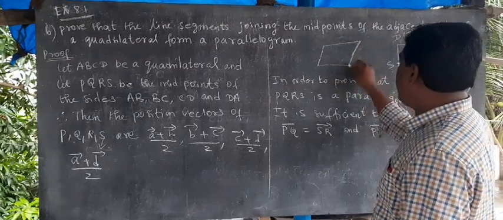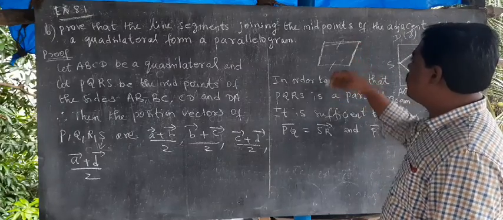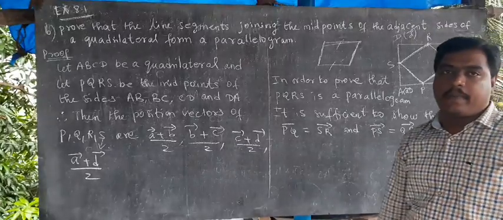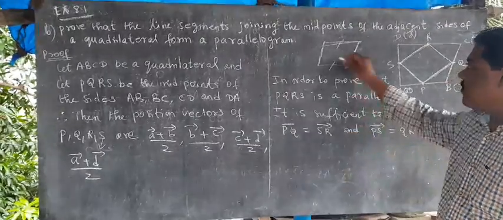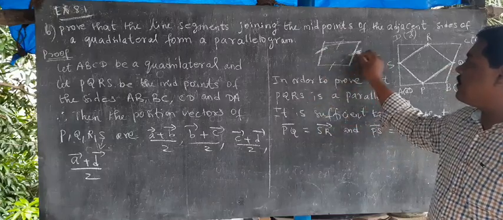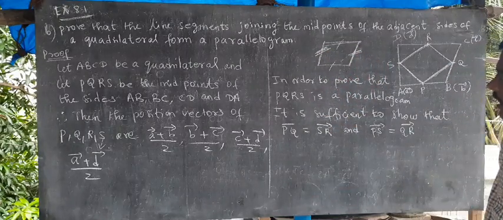for example, this is one parallelogram: these opposite sides are equal, and these opposite sides are parallel. Opposite sides are parallel and equal. This is a property of the parallelogram.